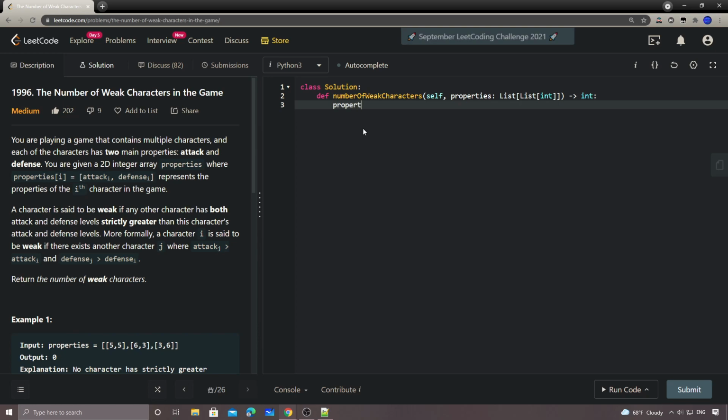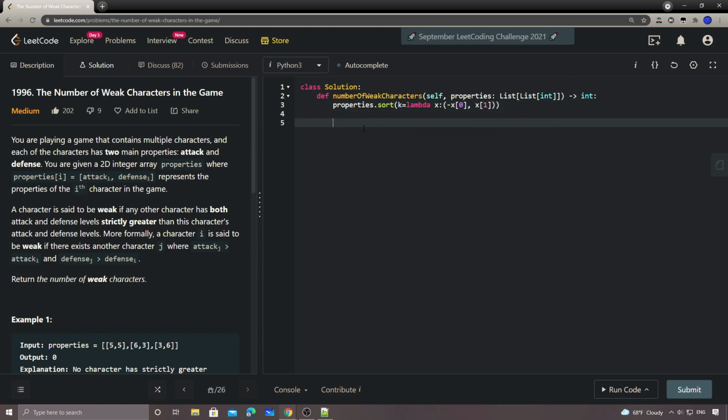So properties.sort, we have a lambda function here. First we sort the attack in descending order, x[0]. The second one is ascending order.